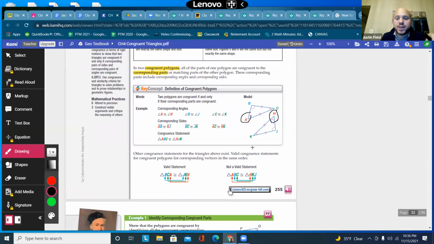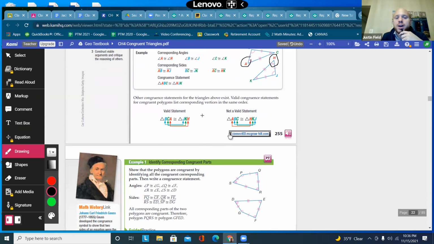Very important. And then we write this thing called a congruent statement. When I tell you to write a congruent statement, I'm not saying sign your name and say that they're congruent. I am saying to write it like this. Triangle ABC is congruent to triangle HJK, and then A and H are corresponding parts.